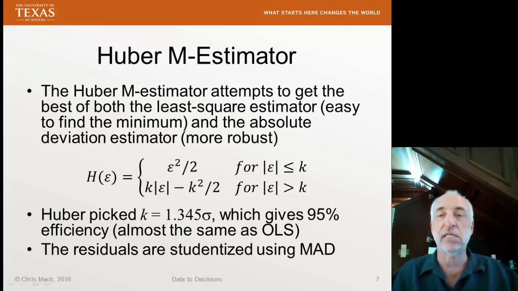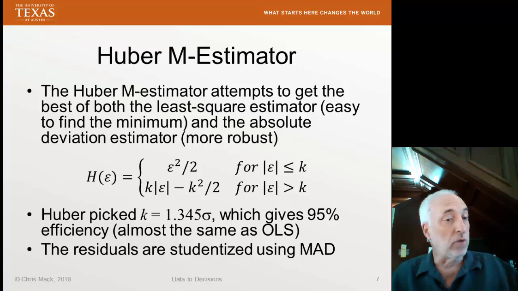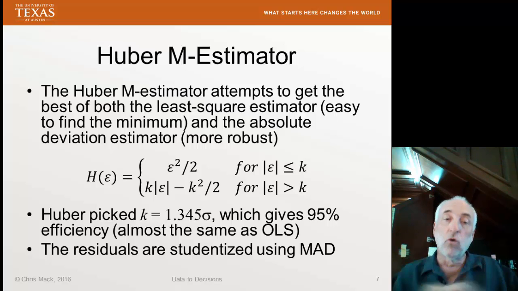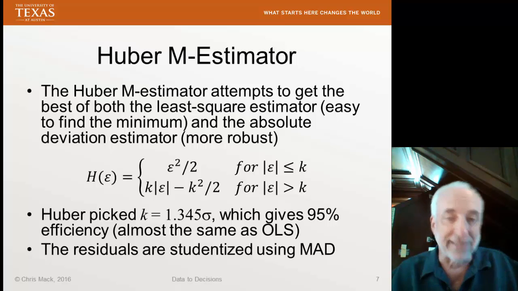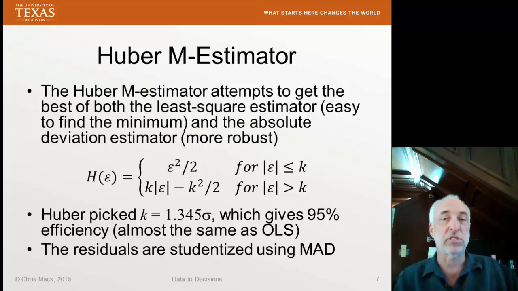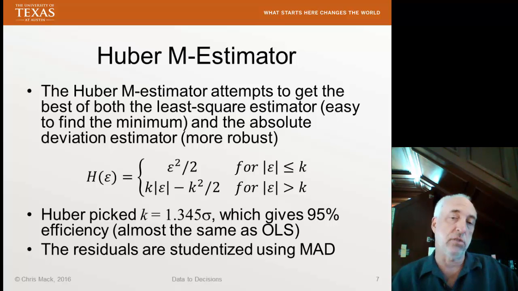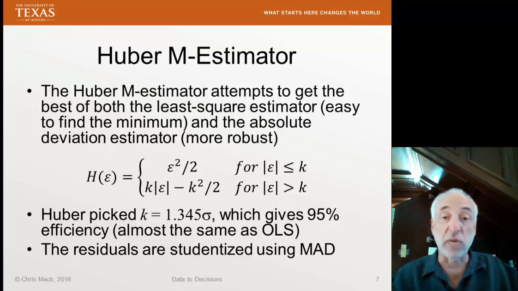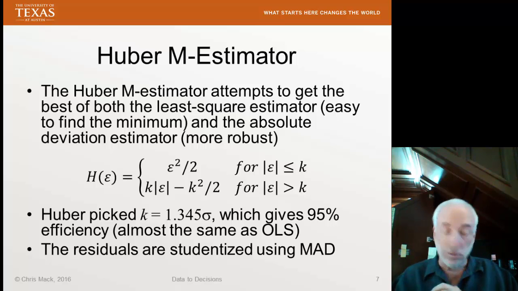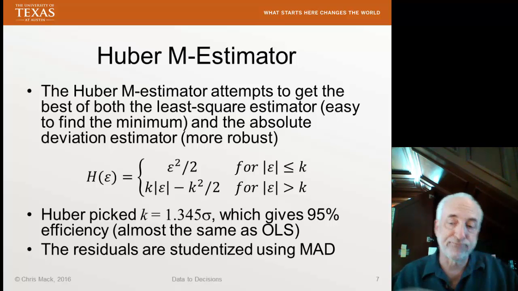So we're not nearly as sensitive to extreme residuals such as outliers. Once we get a set of residuals and we want to analyze those residuals, we will generally externally studentize them, but instead of using the standard deviation to studentize them, we'll use the median absolute deviation as our estimate of scale. And that way we have a robust estimate of our studentized residuals as well.